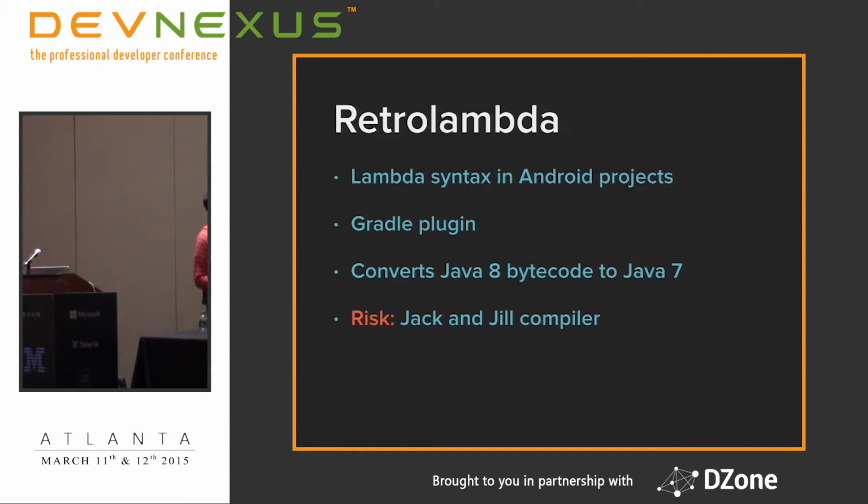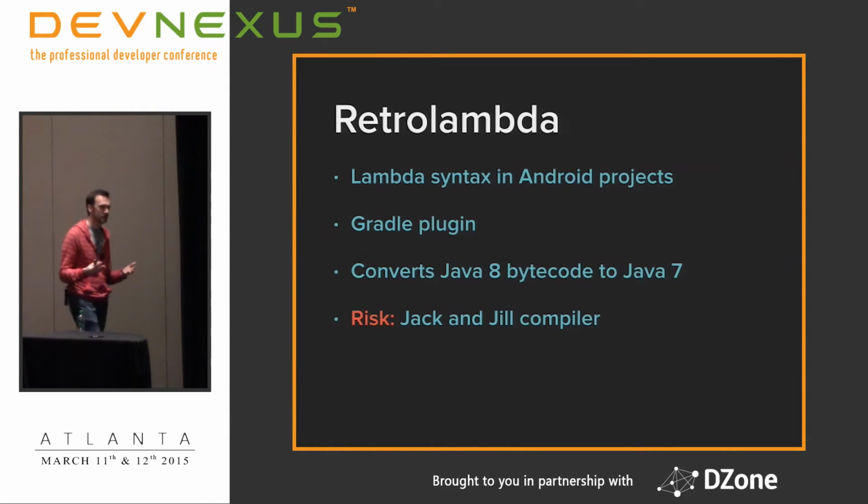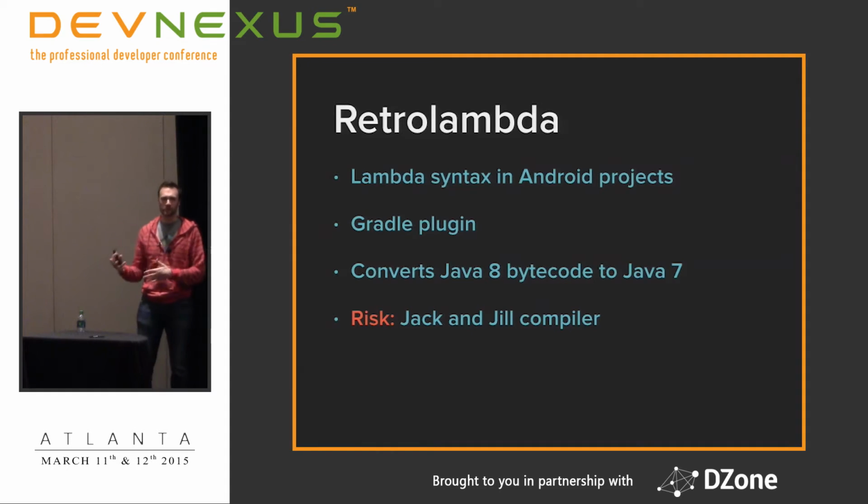So I mentioned Retrolambda. Retrolambda is something you can easily apply to your Android project using a Gradle plugin. You'll set your language level to Java 8 in your IDE. You'll write lambdas in Java 8.